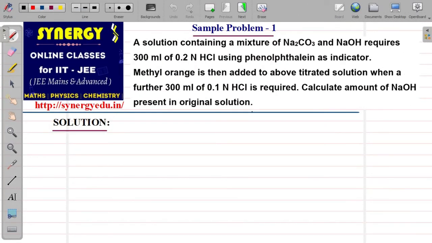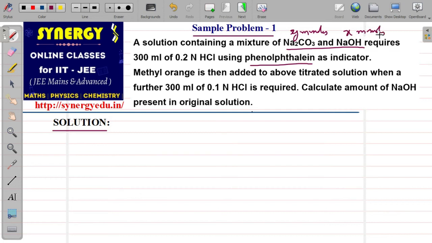Let's see a sample problem. There is a solution containing Na2CO3 and NaOH, requiring phenolphthalein as indicator. Earlier in the explanation we assumed Na2CO3 as Y, so for better understanding let's take it as Y millimoles, and NaOH as X millimoles.